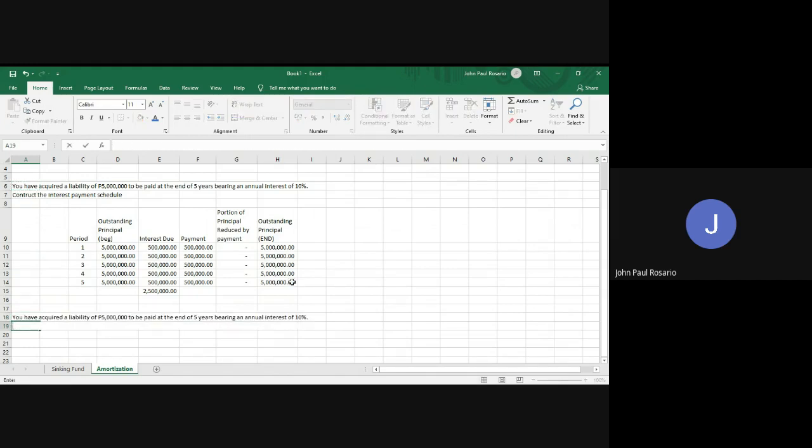You and your creditor agreed that the liability will be paid in 5 equal installments.